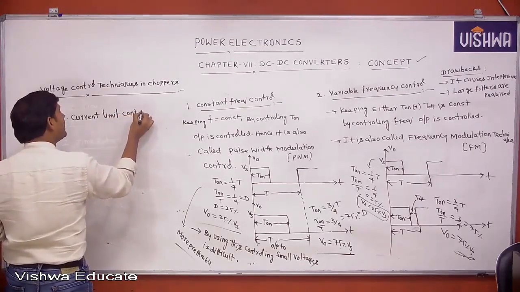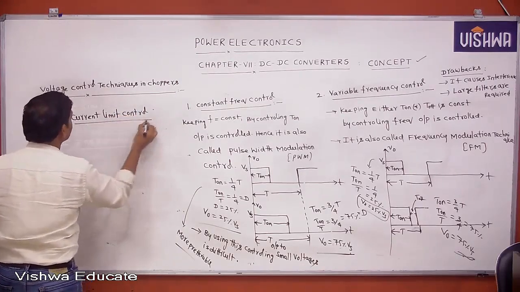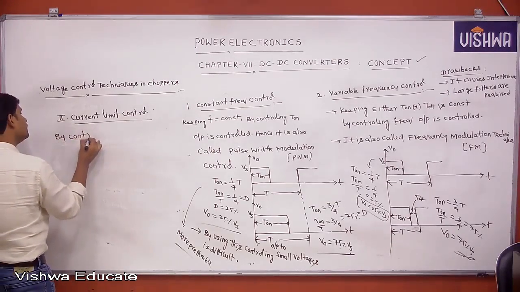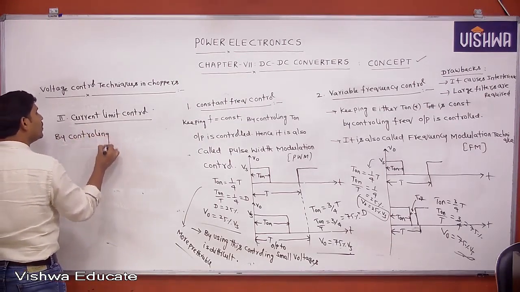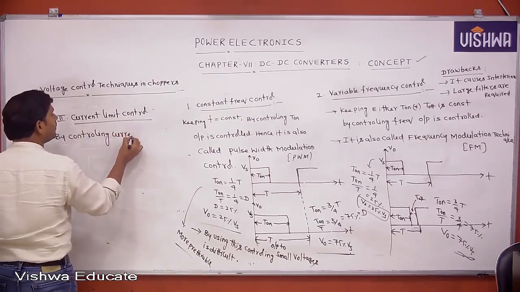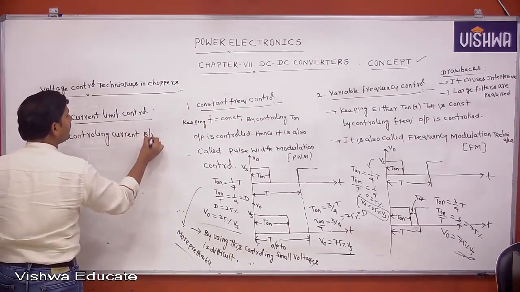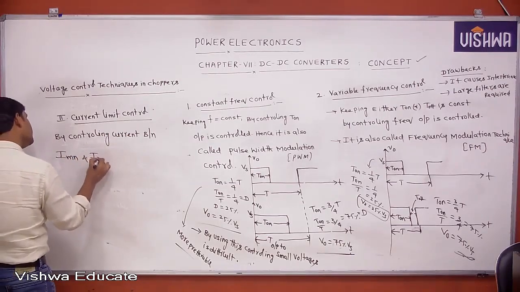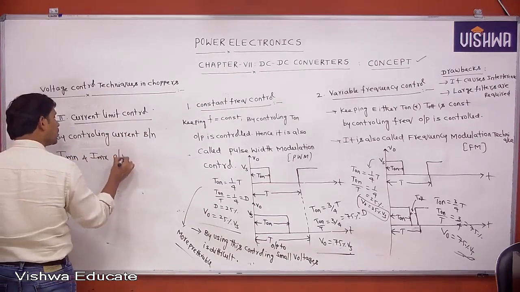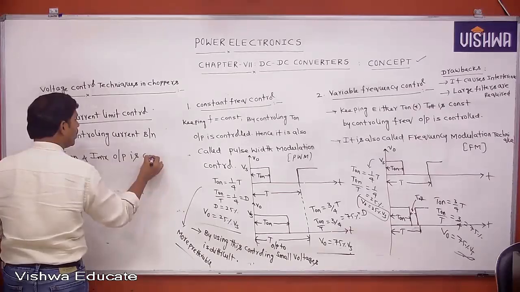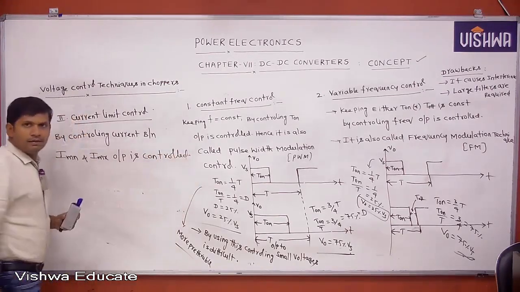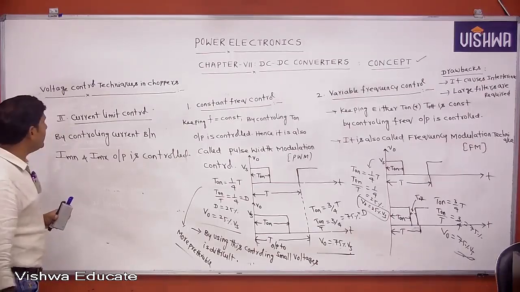By controlling the current between minima and maxima, I minima and I maxima, the output is controlled. Okay. Then it is nothing but current limit control.